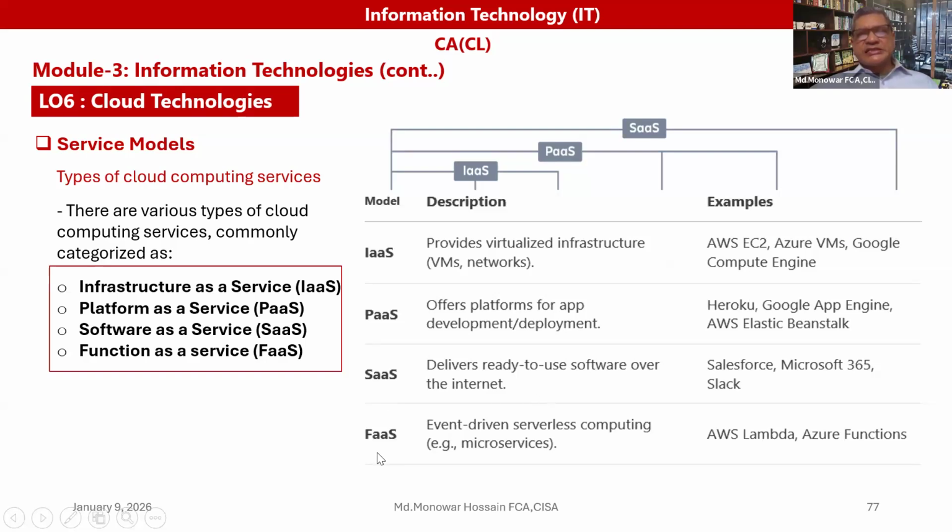FaaS, function as a service, is event-driven serverless computing, provided by the service provider through the cloud. So we can say there are different types of computing service provided by the cloud service provider: infrastructure as a service, platform as a service, software as a service, and function as a service.